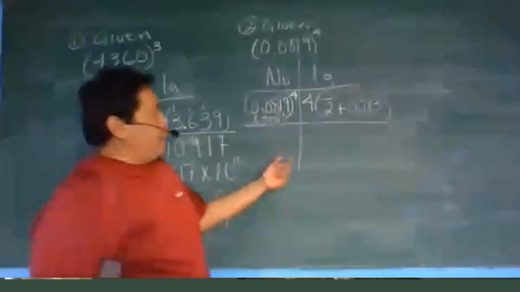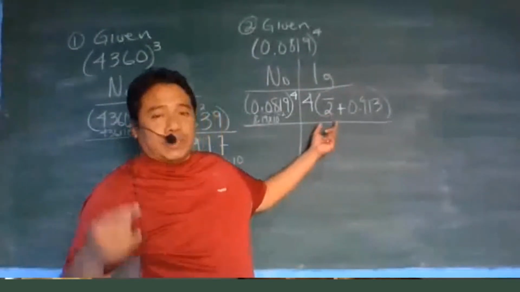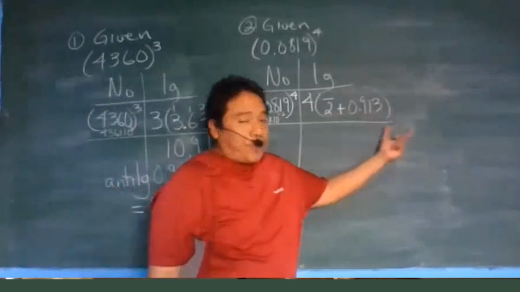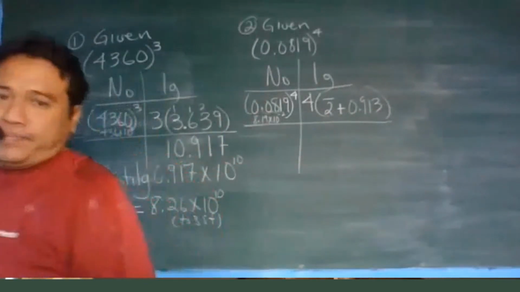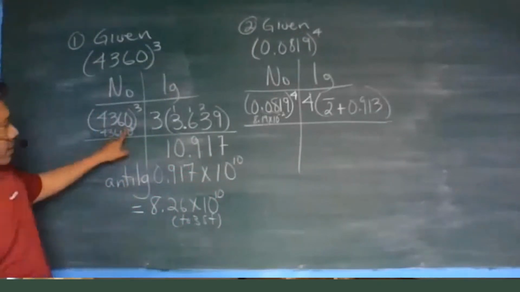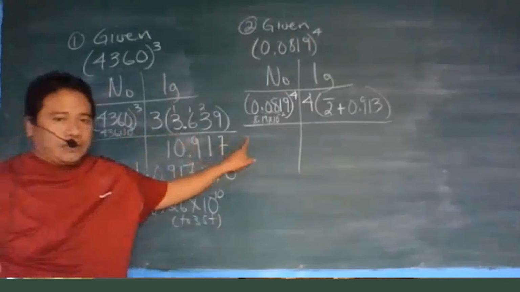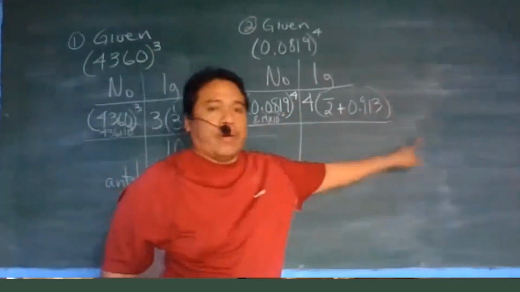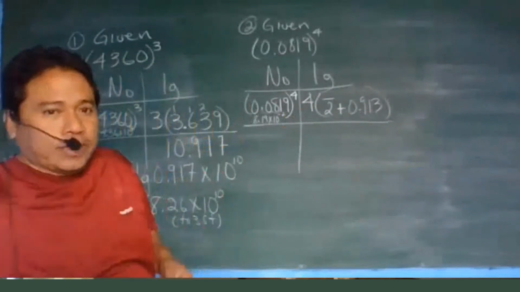But in this one, since the characteristic was negative, it was bar 2, then it is separate from the mantissa. Okay? Remember that when the power is positive, it goes all together. When the power is negative, they have to be apart.